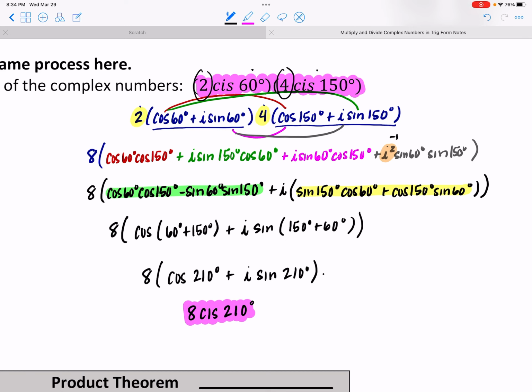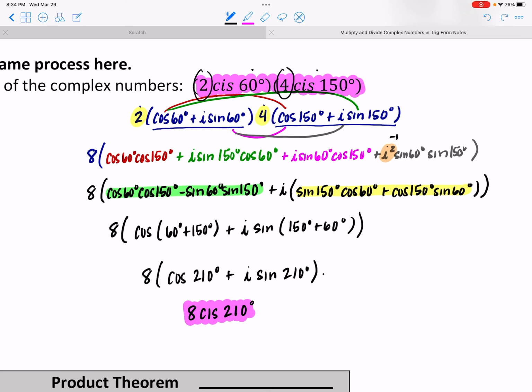It's the size of that thing. So we call that the absolute value. We multiply those and we get the coefficient that we have here. And then if we add our two angles, 60 and 150, we get the 210 that we have here. And it literally is as simple as that.